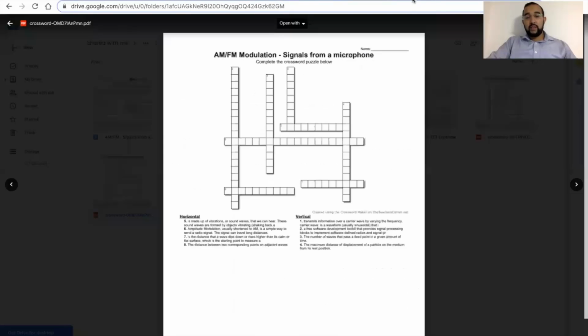There's another activity, like a crossword puzzle, where they have to fill in. So depending on which students, you can differentiate. Some students might do this vocabulary activity and others might do that one. It's all up to you. The lesson is very differentiated.